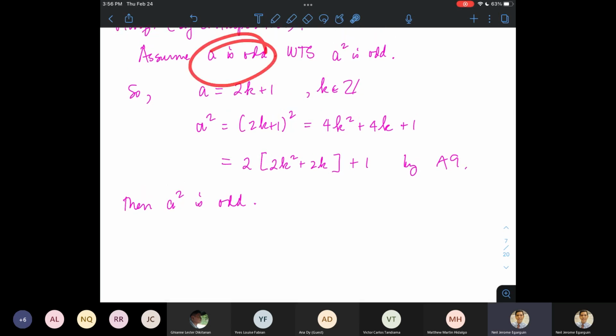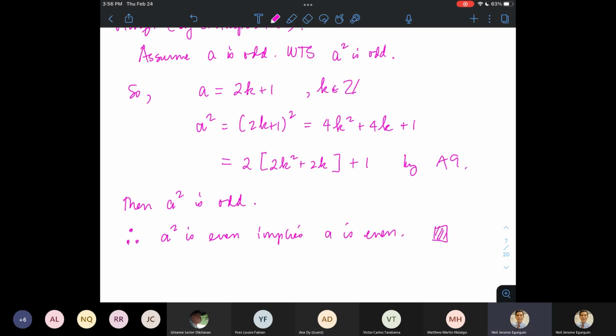We have shown that if A is odd, then A squared is also odd. But it is equivalent to its contrapositive, which is actually what we wanted to prove. Therefore, we can conclude that A squared is even implies A is also even. End of proof.